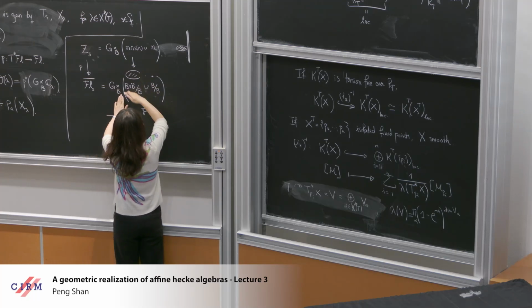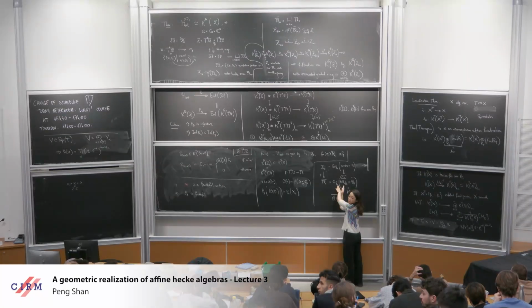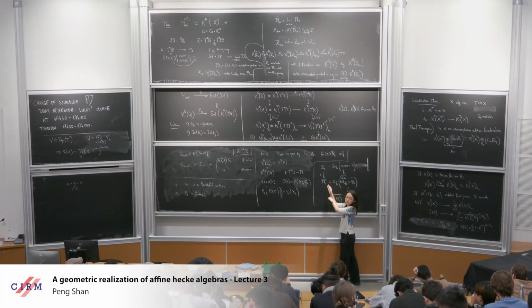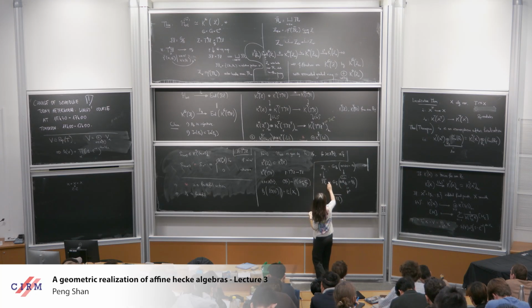So here I have something inside G over B. This is isomorphic to two copies of the flag variety. But wait, was this my notation? I forget my notation.